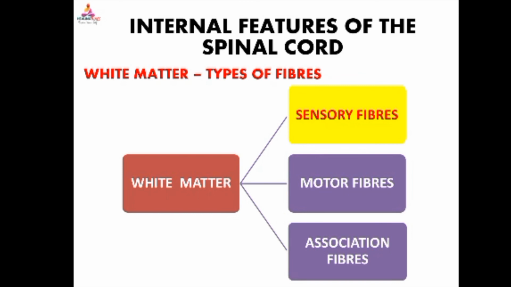These include the central process of primary sensory neurons of the posterior root ganglia, which enter the spinal cord and ascend or descend for varying length. The ascending fibers from the nuclei of the spinal gray column, which convey sensory modalities to the higher centers.